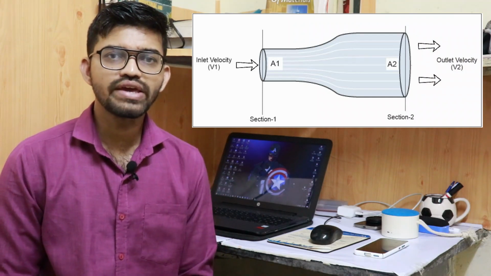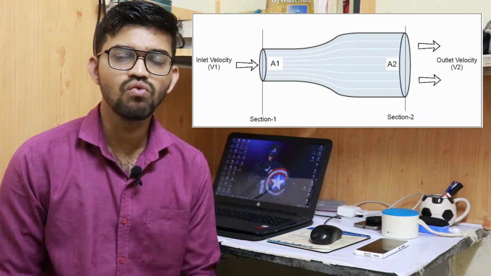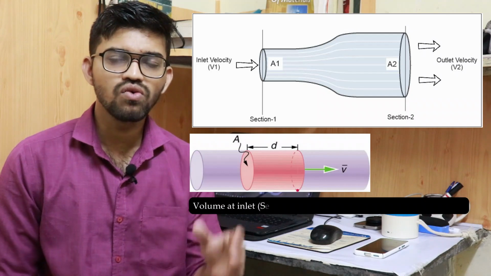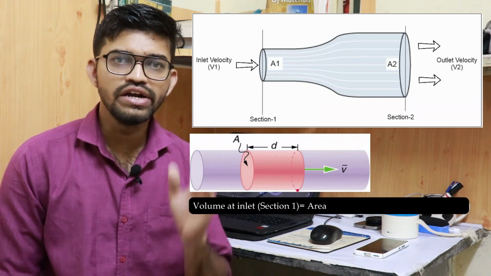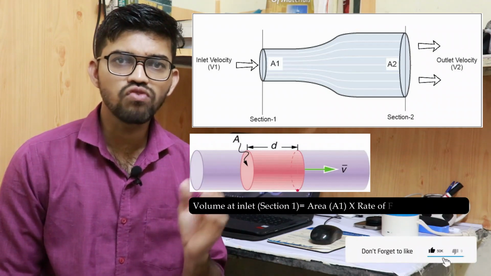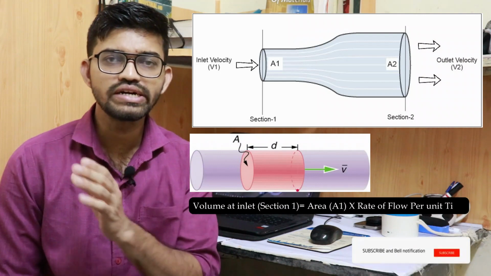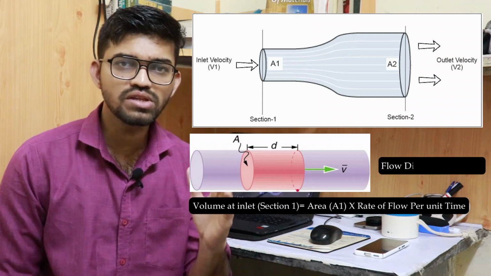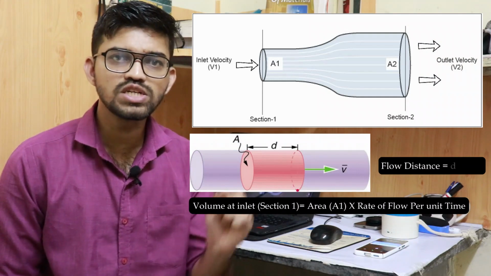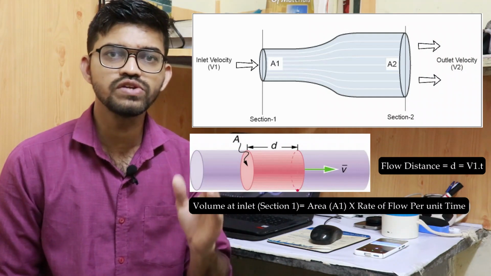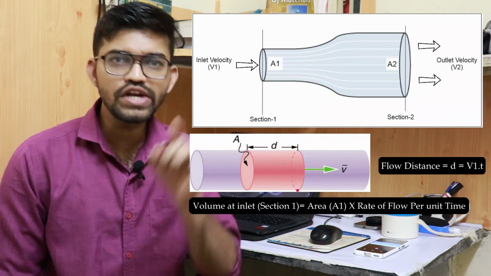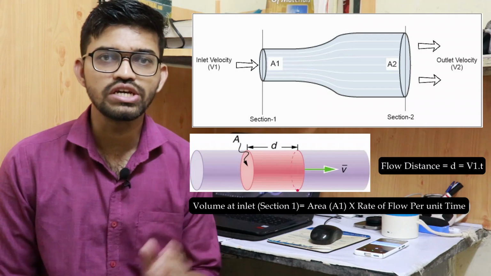So guys, over here we can say that the volume at the inlet will be equal to the area into the rate of flow per unit time. The rate of flow gives the displacement, so the displacement d is equal to the rate of flow into time, and here the rate of flow is the velocity.